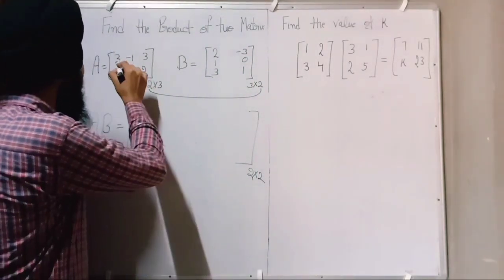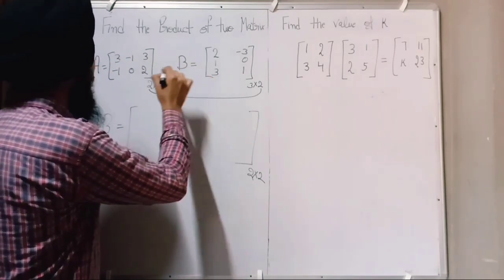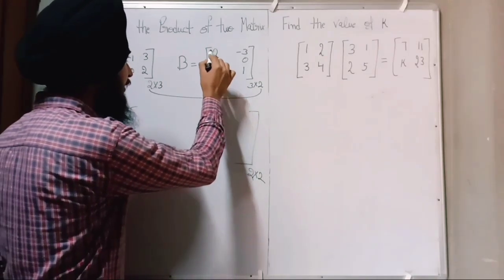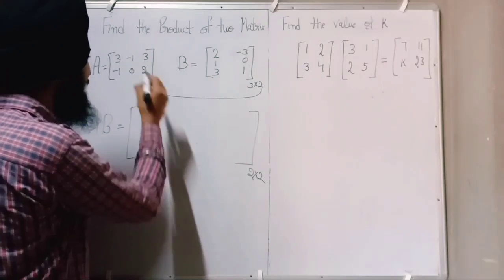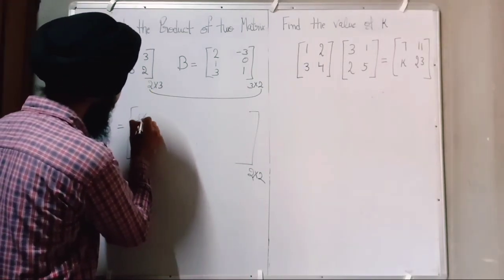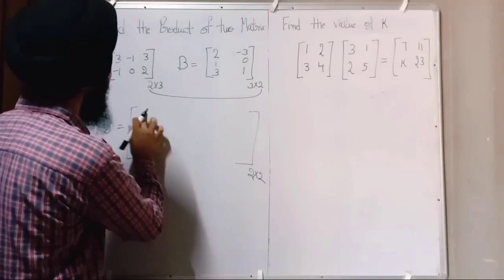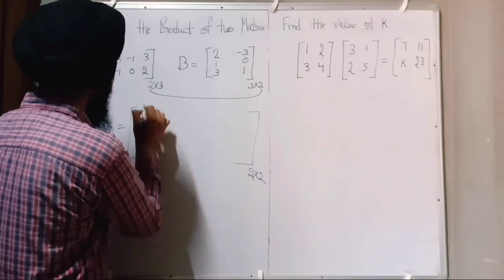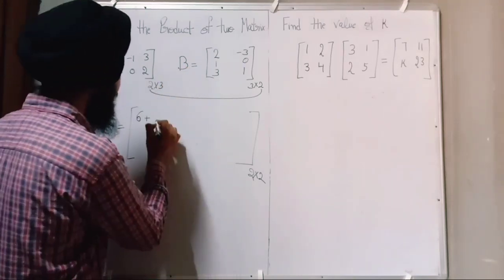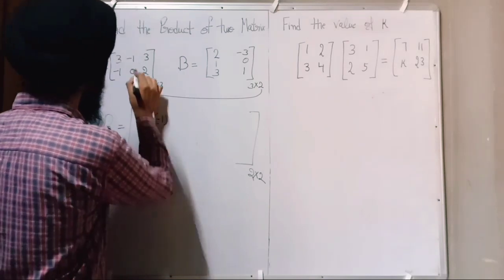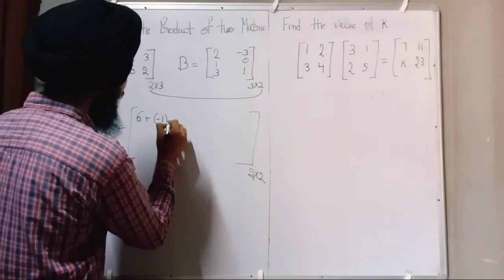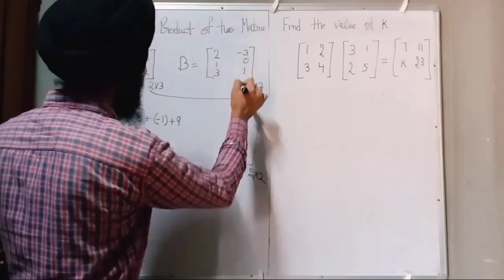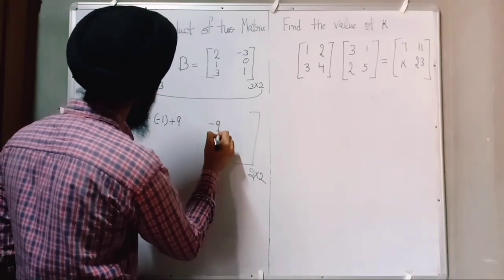First of all, we multiply the first row of matrix A by the first column of matrix B. 3 multiplied by 2 is equal to 6, plus minus 1 multiplied by minus 1 is equal to minus 1. 3 multiplied by 3 is equal to 9. 3 multiplied by minus 3 is equal to minus 9.